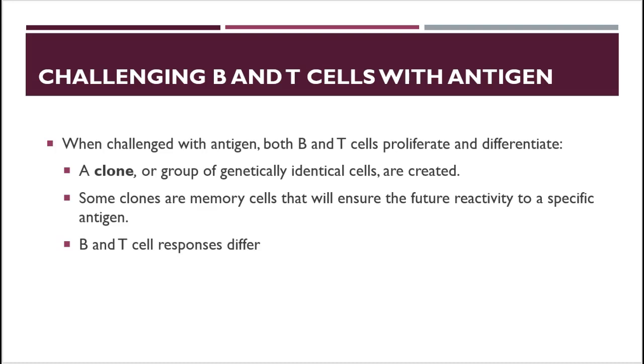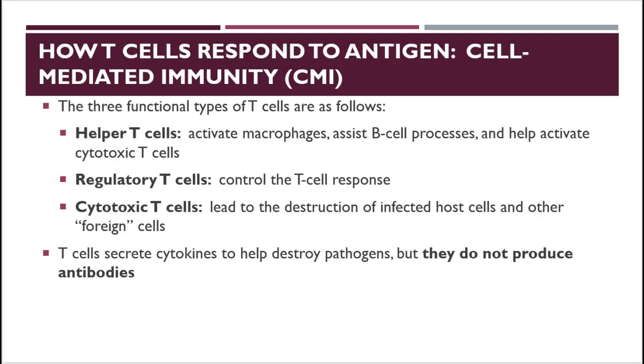The responses of B and T cells are going to differ, and as you'll see in subsequent sections here in chapter 13, we'll talk about how B cells and T cells respond differently to antigens. Okay, so cell-mediated immunity. This is the T cell response.